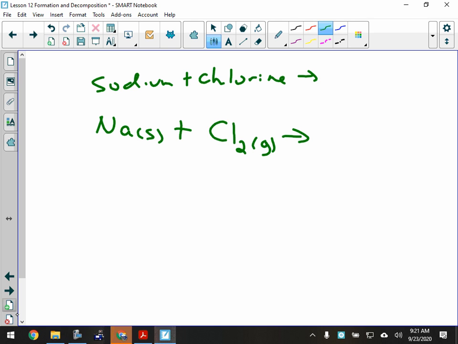Now, here's the thing about a metal and a nonmetal. I probably wouldn't even have to give you the rest of this because you know that if I combine sodium and chlorine, we are going to get an ionic compound, yes? Metals and nonmetals. So if it's a metal and a nonmetal, we use, of course, charges, yes? There's only one thing it can form because this is going to want to lose electrons and these are going to want to gain electrons, yes?